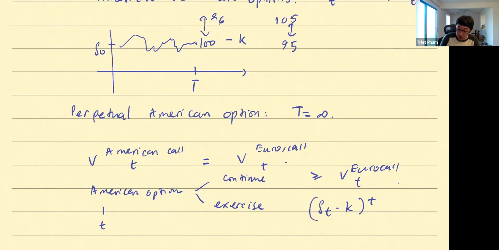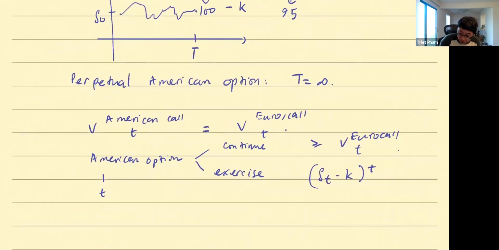right? So now you see what is the key comparison. The key comparison is between V euro call and the exercise value.